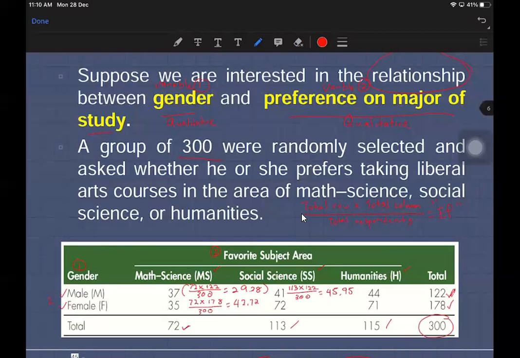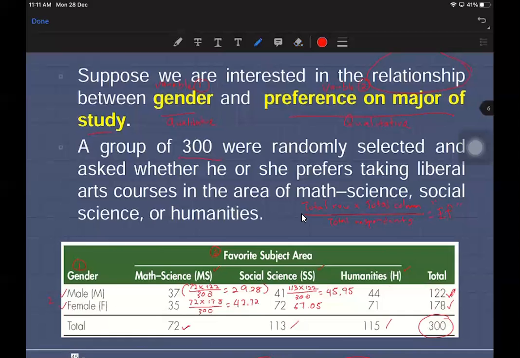Okay, 72. So for 72 will be 113 total column times total row 178 divide by 300. You will get 67.05. Then for 44, so total column 115 times total row 122 divided by 300.